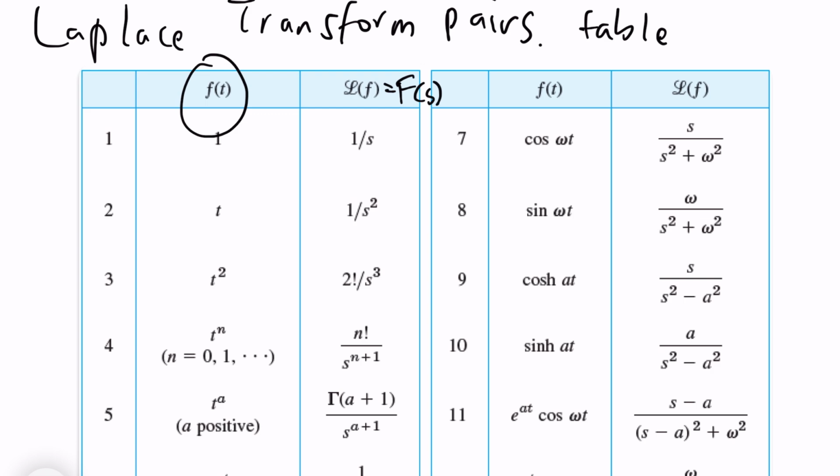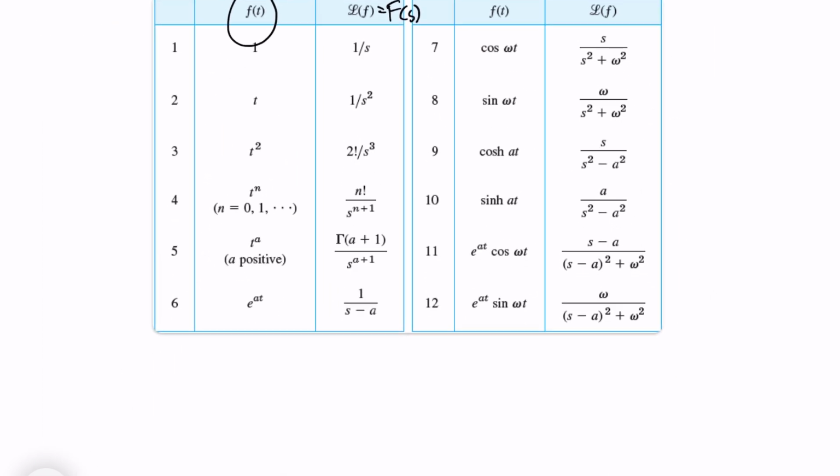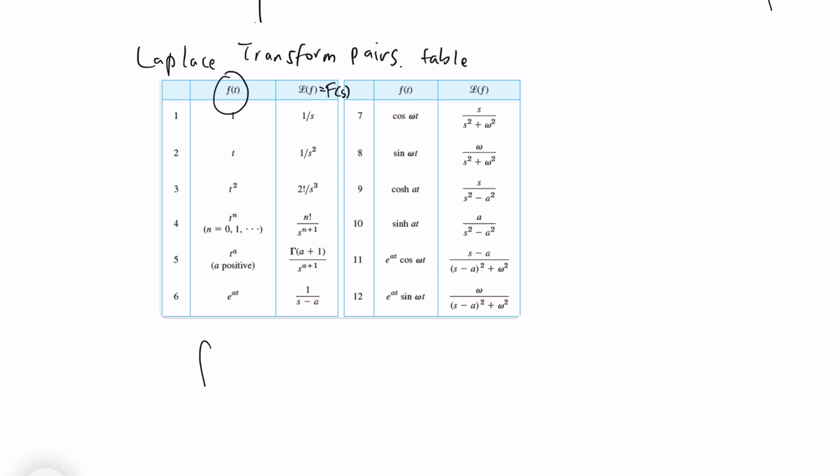You will often see it written like this: the time domain function f(t) interchanges with F(s), the Laplace transform of f(t). So this table is like your cheat sheet. It saves you from doing the long integration.